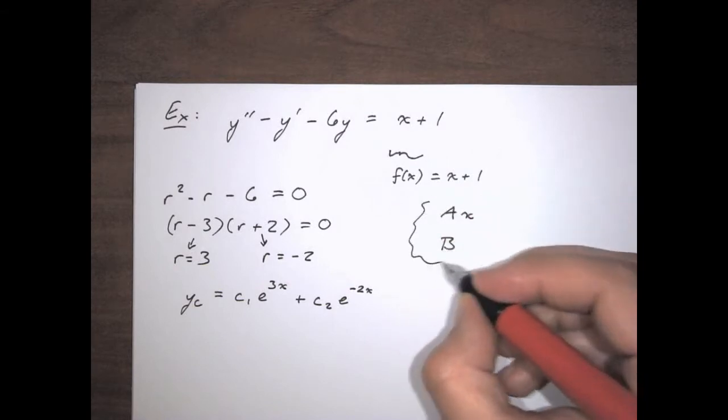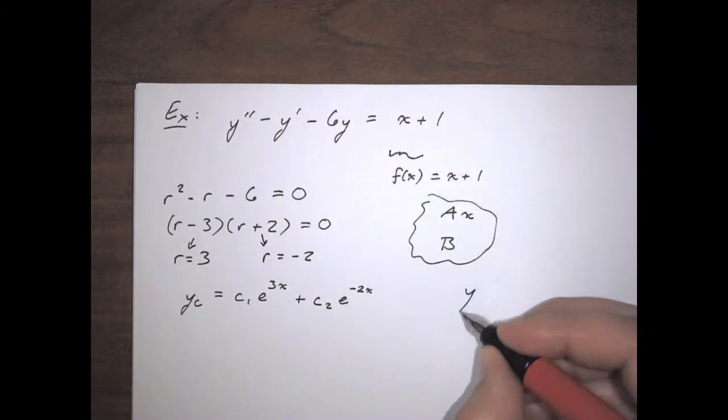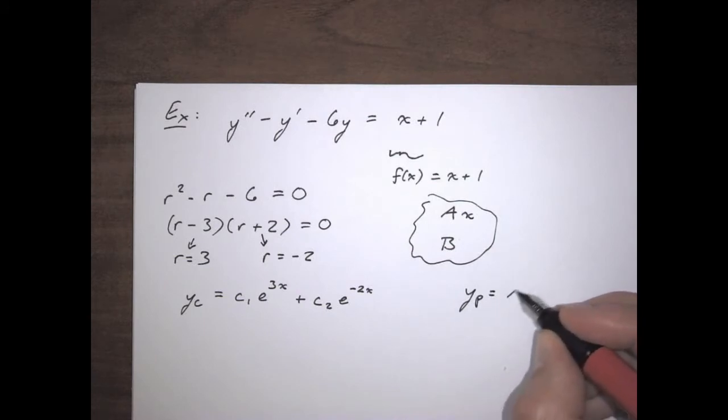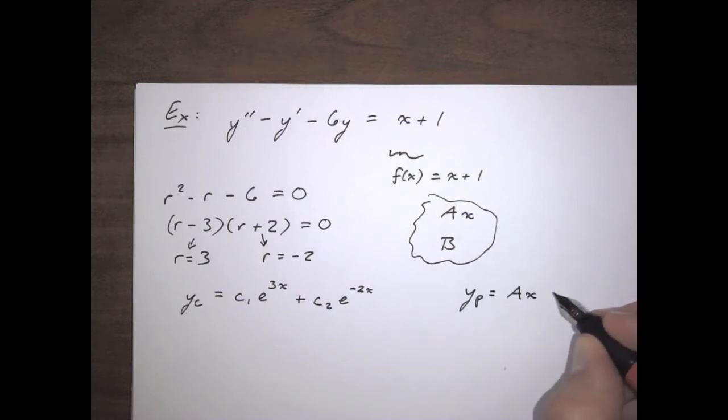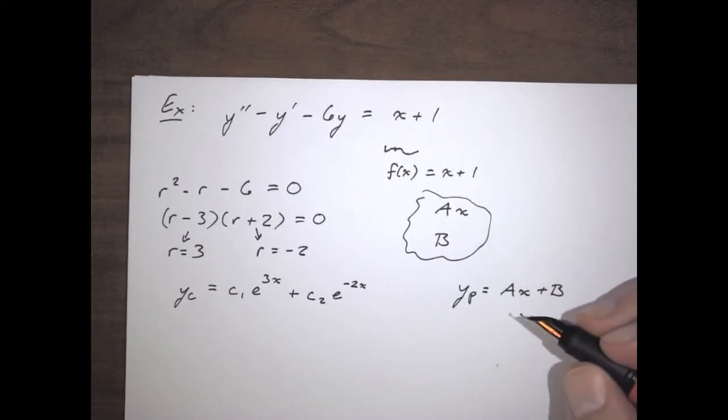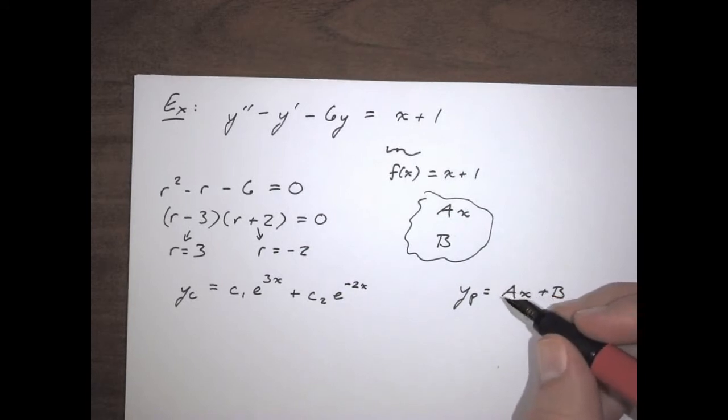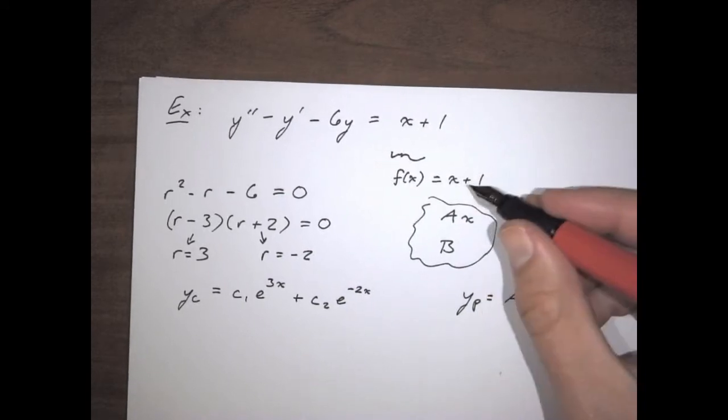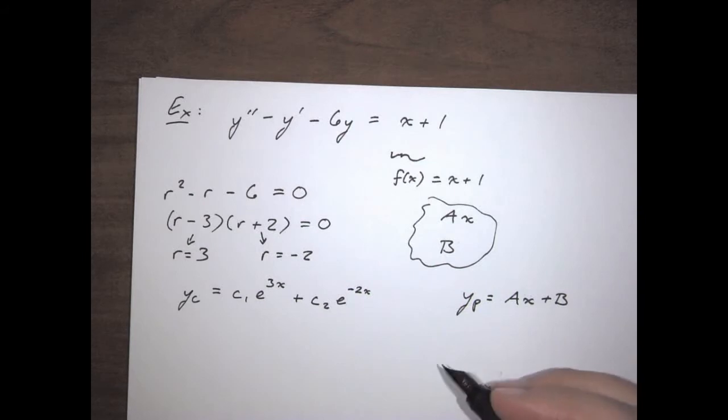So this is our list of candidates. So that gives us yp is equal to ax plus b. Alright, let's just stop there. So these are the sorts. So this is the sort of thing whose derivatives you get from f of x here.